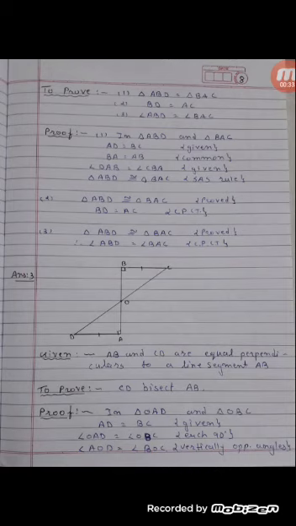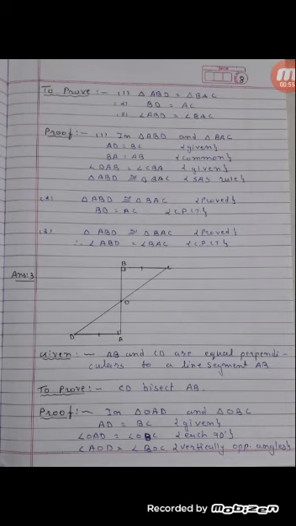Proof. First, in triangle ABD and triangle BAC, AD is equal to BC, given. BA is equal to AB, common. Angle BAD is equal to angle CBA, given. So we can write triangle ABD congruent to triangle BAC by side angle side rule, that is the SAS rule.